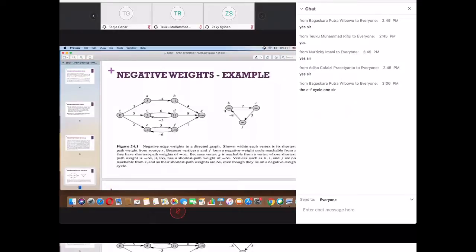The difference between the unreachable cycle and the negative cycle is that the label of the vertices is positive infinity instead of negative infinity, because this cycle is not reachable from S. Is it clear? This determines whether there is a solution or not for the graph.